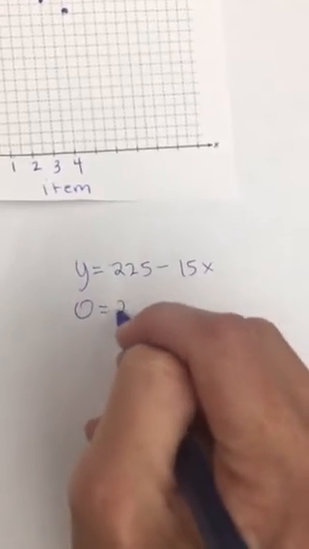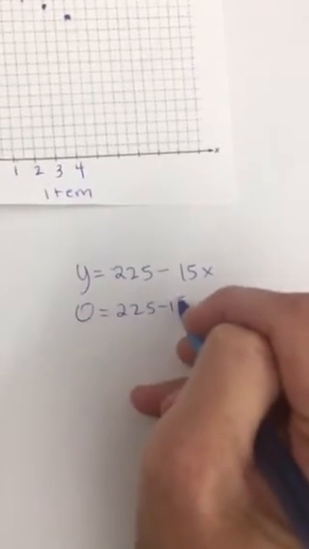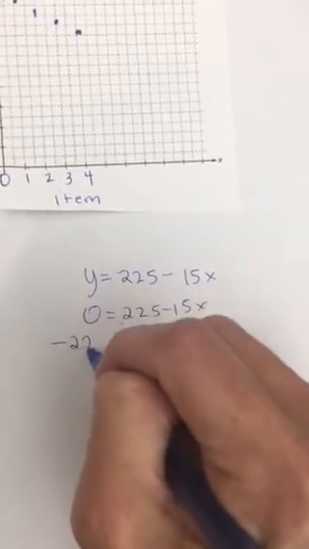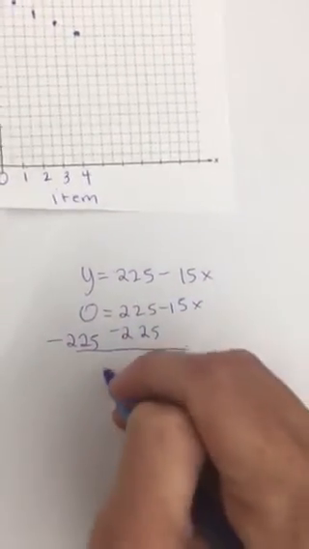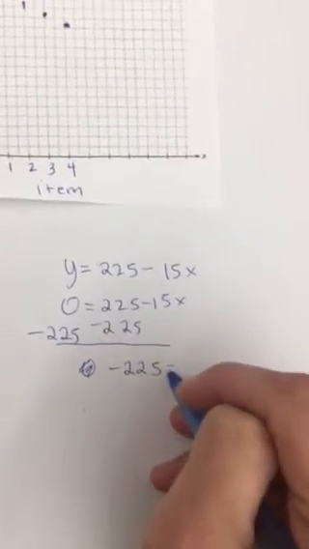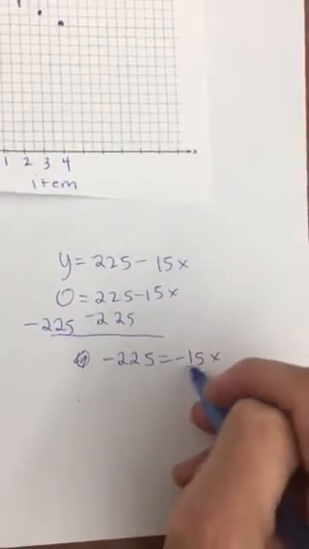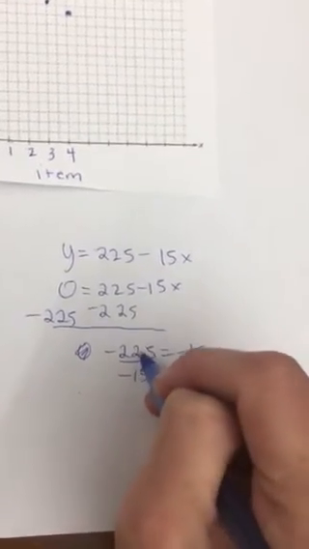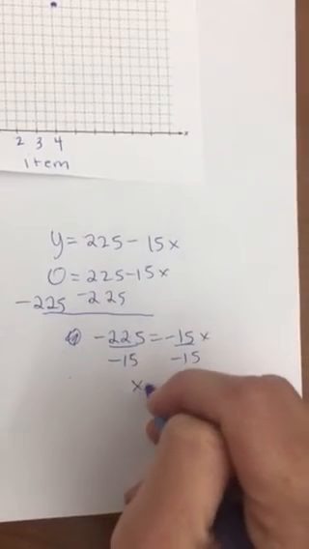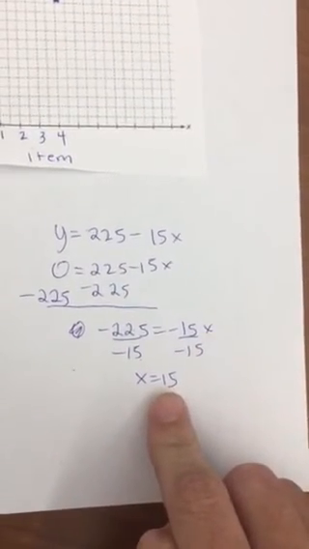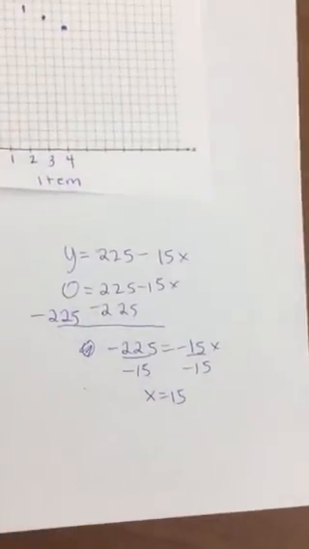So I can set that equation equal to 0 and then balance the equation to solve it. I get negative 225 equaling negative 15x. And if I divide both sides by negative 15, 15 fits into 225 15 times. So if I purchase 15 items, my gift card will have no money.